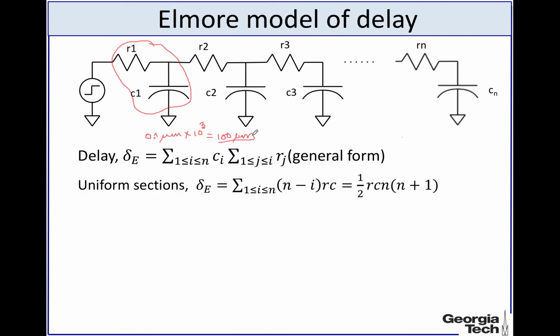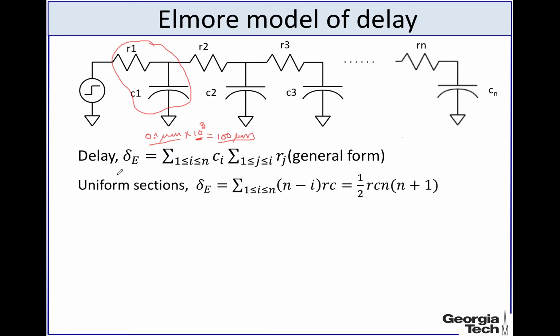Again, we took a 100 micron long interconnect, and then we broke it into 1,000 segments, where each of the segments is 0.1 micron in length. So we can also break it into 10 power 4 pieces, where each piece will be 0.01 microns. But anyway, we'll see how that affects the overall picture, but let's get started with the model.